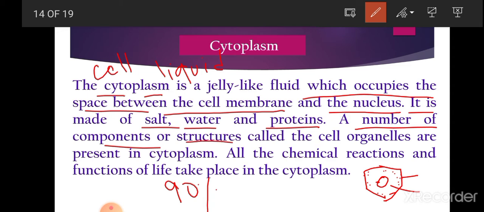Those structures are present in the cytoplasm and are called cell organelles, and all the chemical reactions which take place in the cell take place in the cytoplasm. Cytoplasm is the place where all chemical reactions take place in the cell.